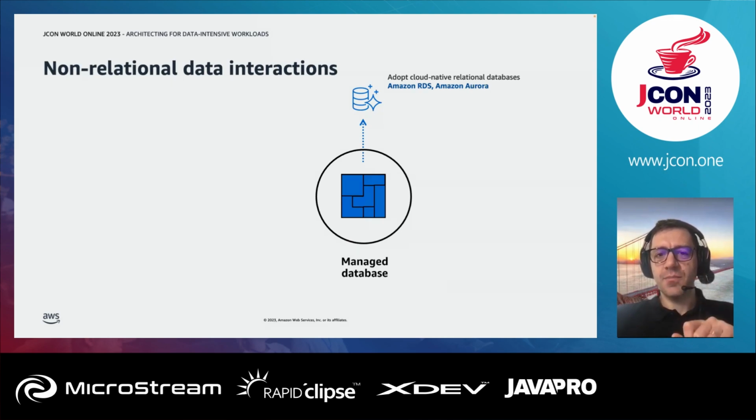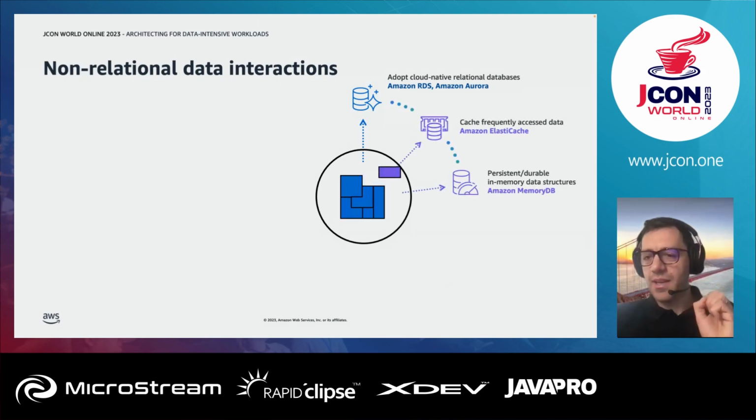And what happens at some point, you say, for this part of the application, I may need to scale my reads. Maybe I'm reading a lot from the database and it costs me a lot of IOPS. So the first thing I think is to look into non-relational data interaction. You take a part of that application and implement caching for that, right? So you take ElastiCache maybe, or MemoryDB.